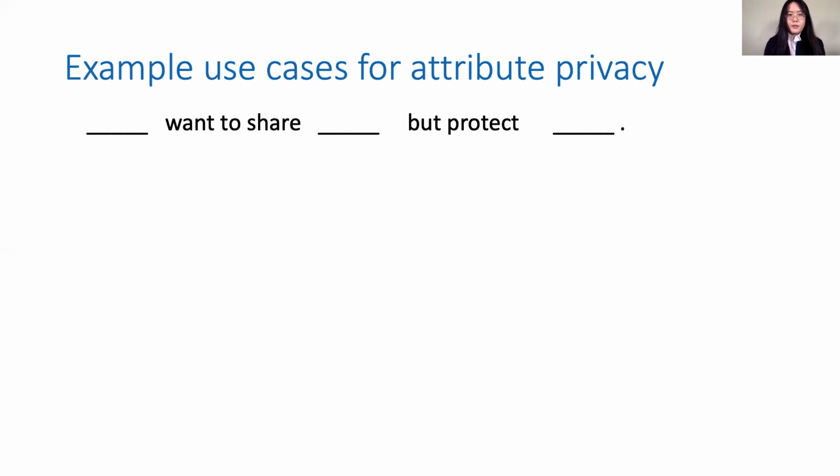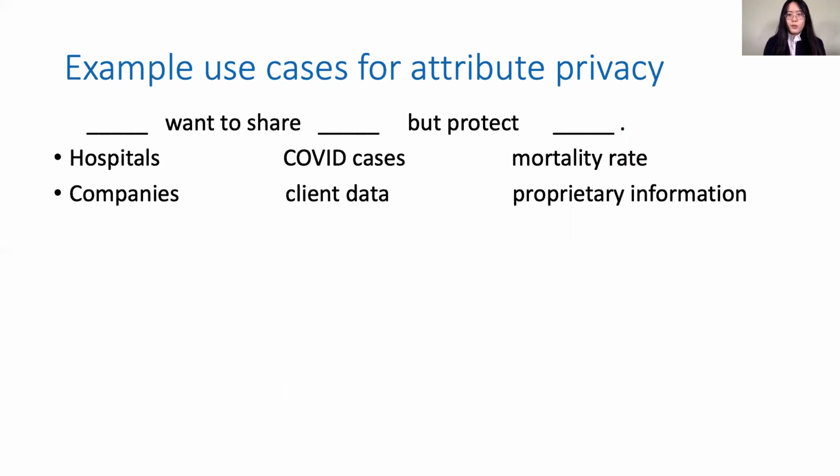There are many other use cases for attribute privacy. For example, hospitals want to share the number of COVID cases with federal health agencies, but want to protect the mortality rate that may affect future funding opportunities. Companies want to share client data, for example, standardization, but want to protect proprietary information.